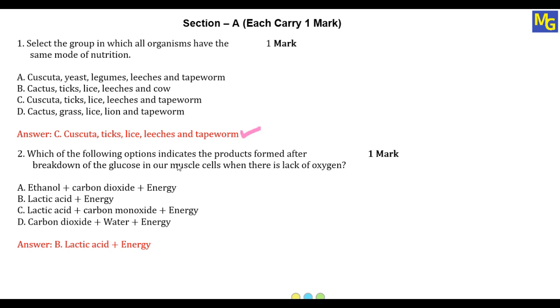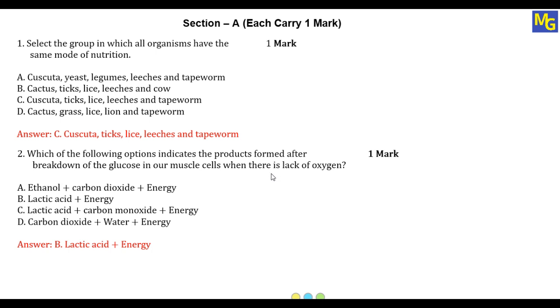Now we will see question 2. Which of the following options indicates the products formed after breakdown of glucose in our muscle cell when there is a lack of oxygen? This question is from the respiration topic. Once oxygen enters the body, it is supplied to each and every cell.